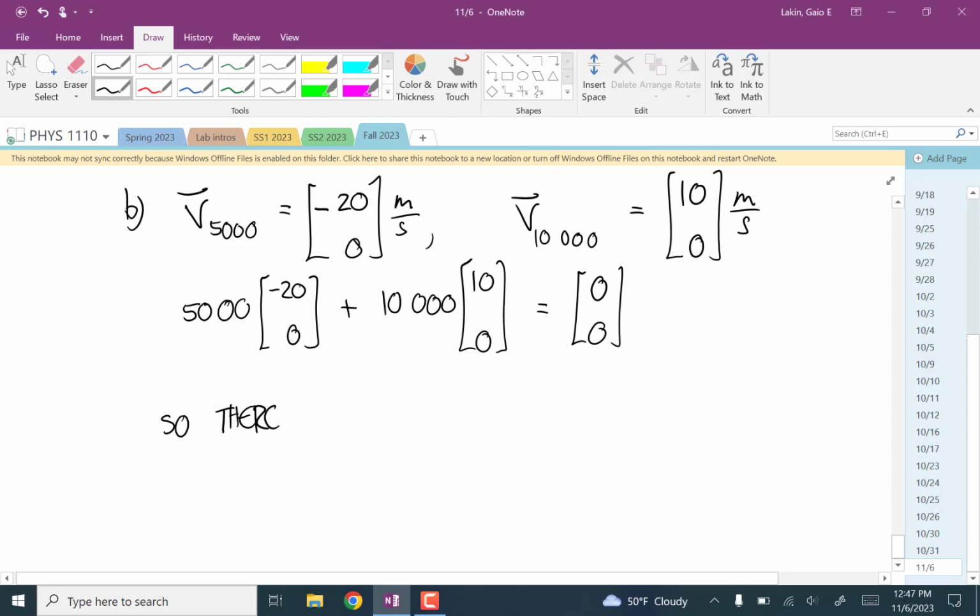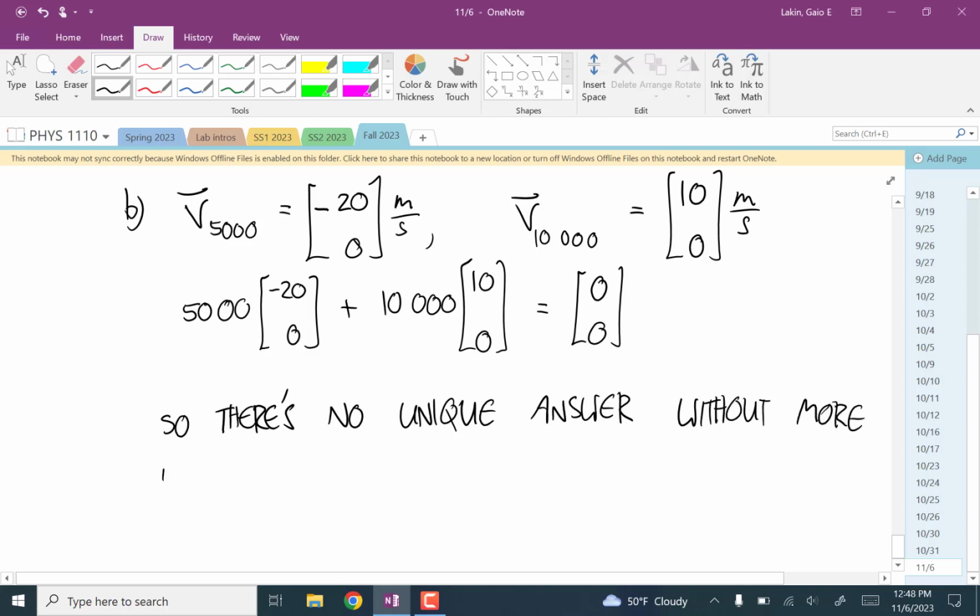What I'm getting at here is there's no unique answer without more information about the type of collision.